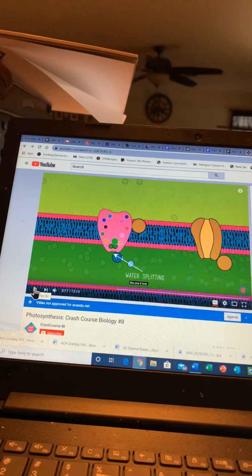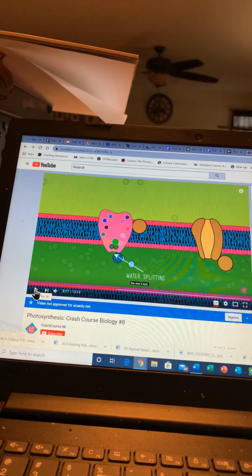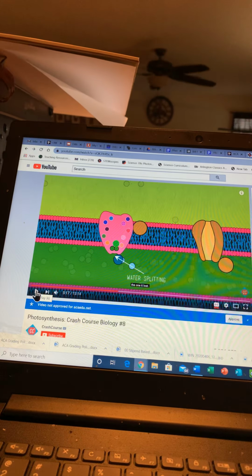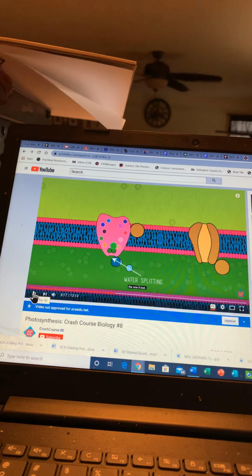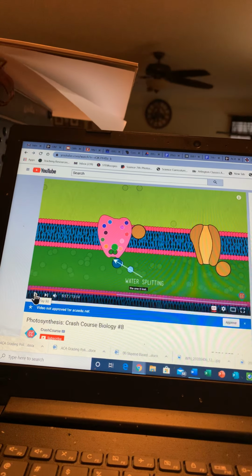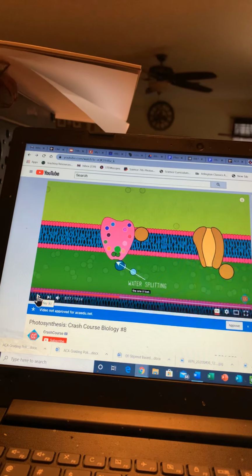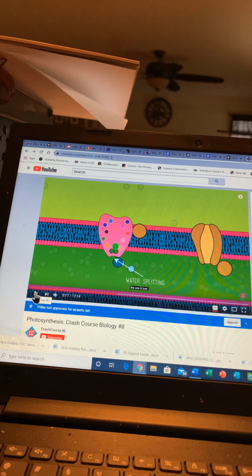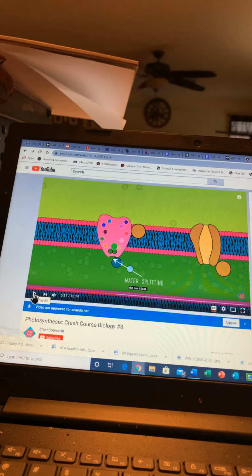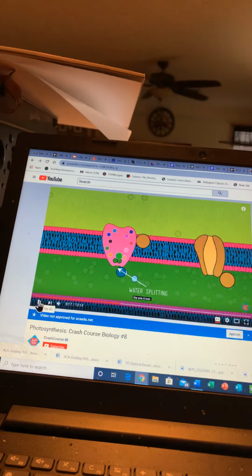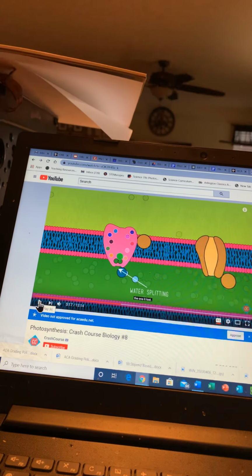And so if you can wrap your brain around the fact that this excited photon has caused the electrons to be so energized that they split a water molecule, that gives you an idea of how much energy is going on here and is required to make this process be driven.